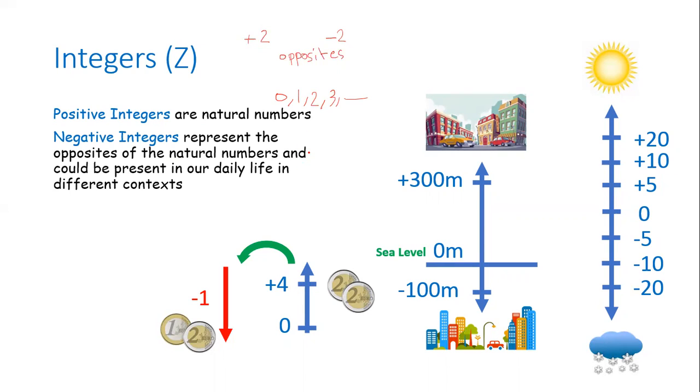The set of negative integers moves from minus infinity, then minus 3, minus 2, minus 1, and then 0. Here, of course, minus 2 is smaller than minus 1. So as we move to the left, the integer numbers get smaller.